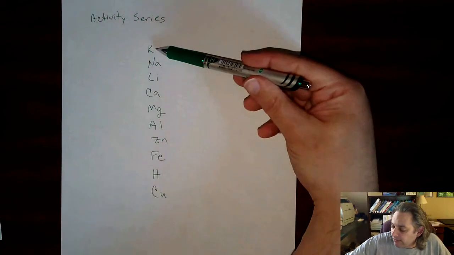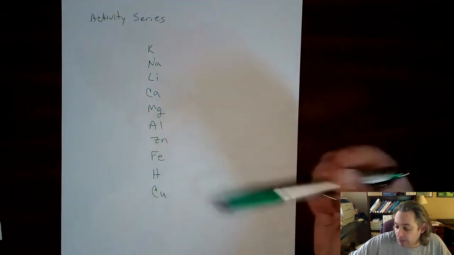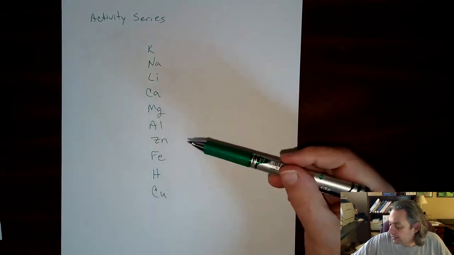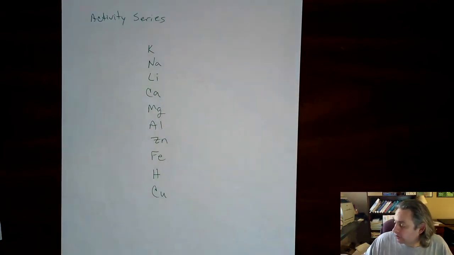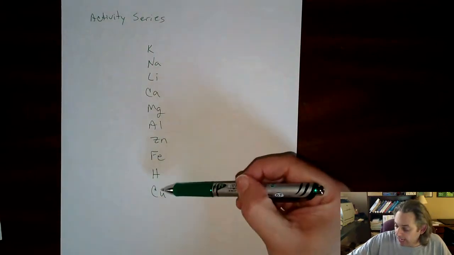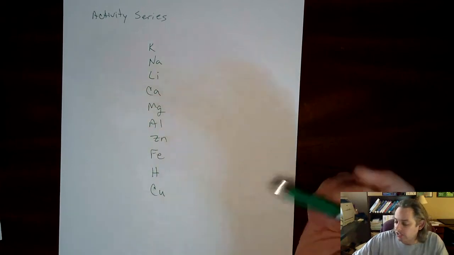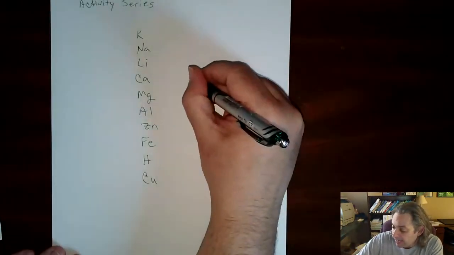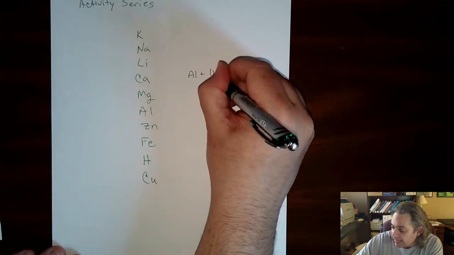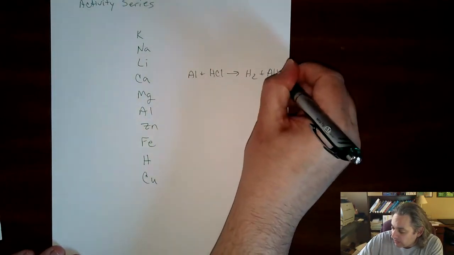Whenever we have an element up here, it will always displace an element below it. In the previous example, we had aluminum displacing hydrogen. We see aluminum is here, hydrogen is here, so that means aluminum will displace hydrogen. In the example, we had aluminum plus HCl going to H2 plus AlCl3.